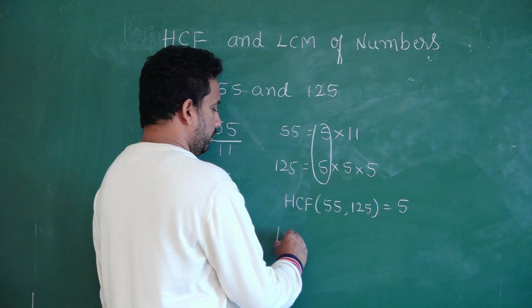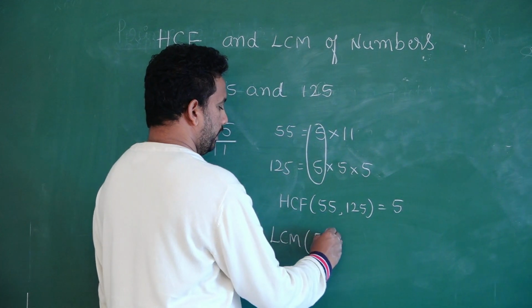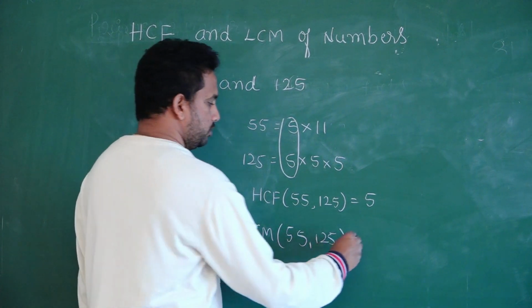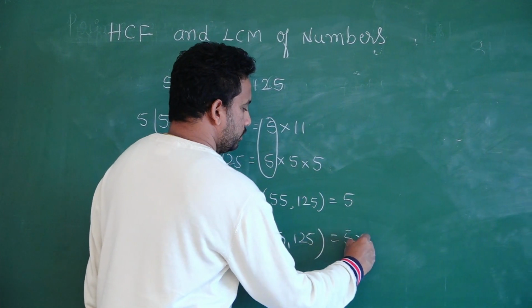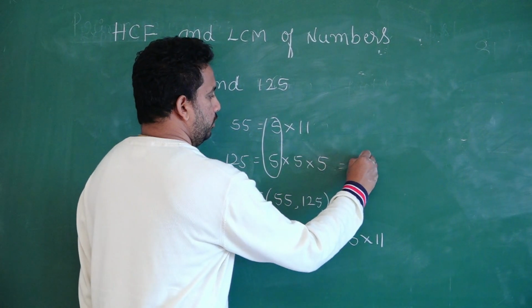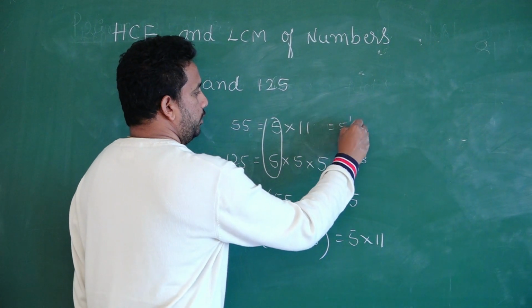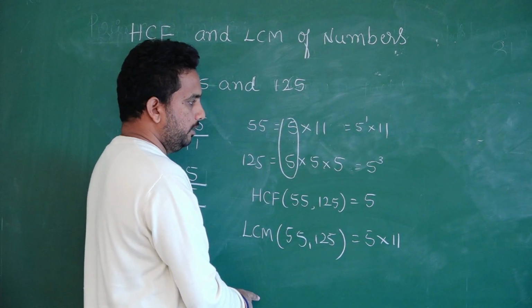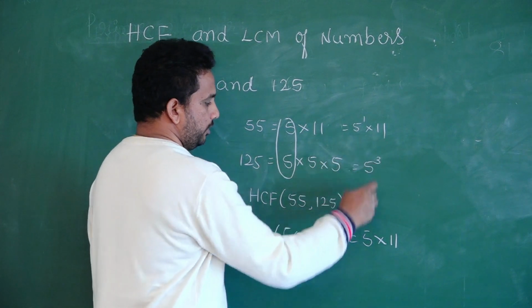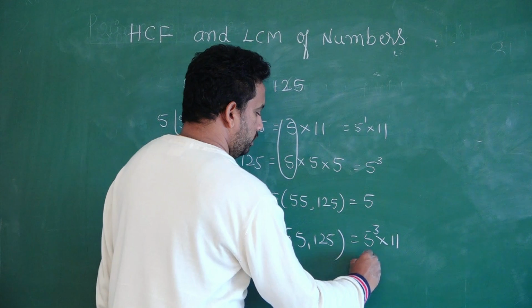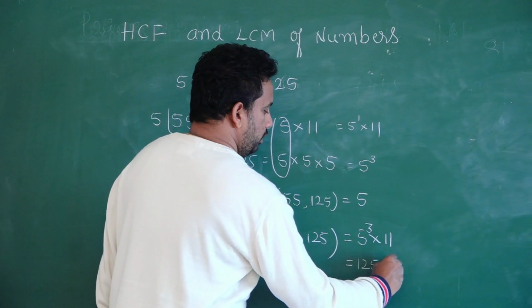Now the LCM of 55 and 125. We have to take the highest power. For 125 we have 5 cubed, and for 55 we have 5 to the power of 1 into 11. The 5 is common to both, but the highest power is 3, so we take 5 to the power of 3, which is 125, into 11.